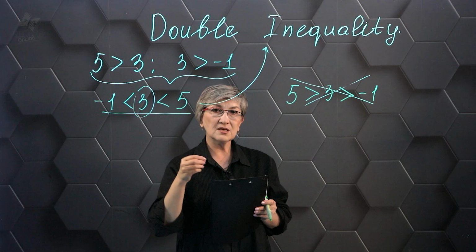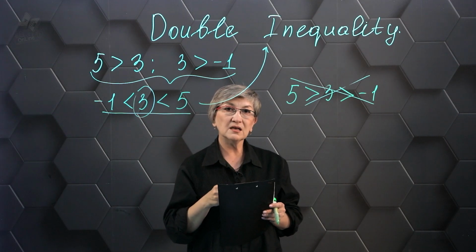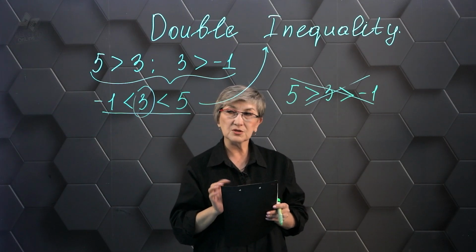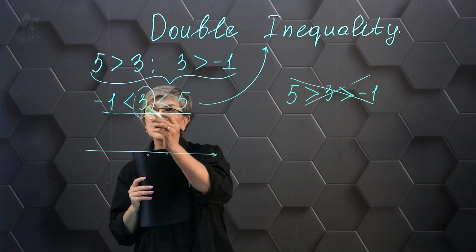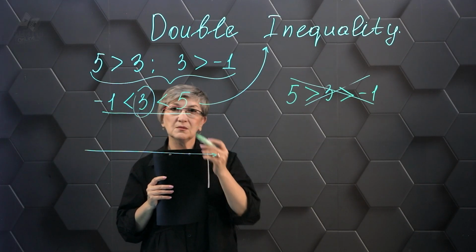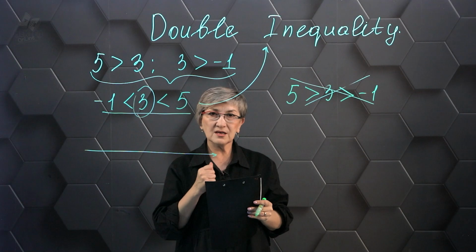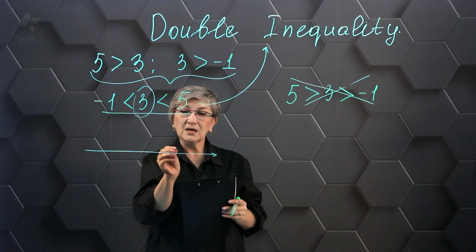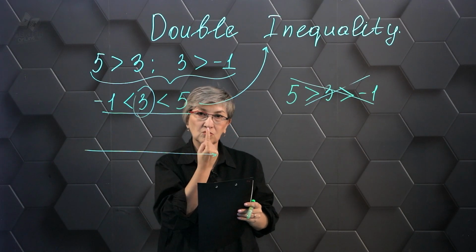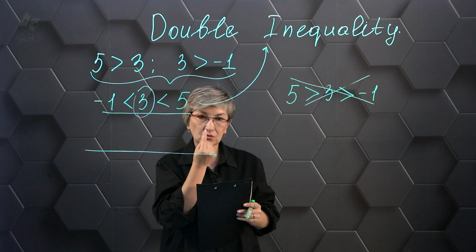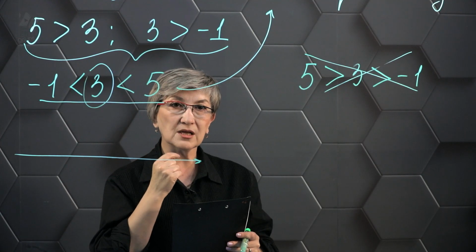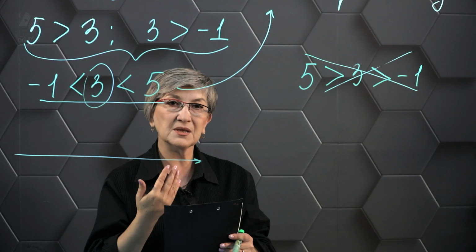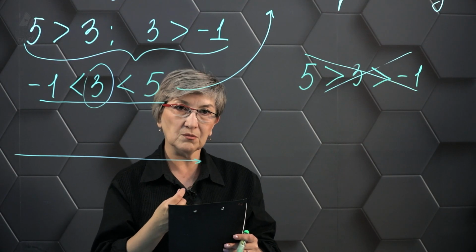Of course, this inequality can be illustrated on a number line. Let's demonstrate it. And let's pay attention to the fact that we have three numbers, -1, 3, and 5. When we solved the inequality, it didn't matter where we placed one point at this coordinate. Here, we have three numbers, so I need to arrange them correctly on the line.